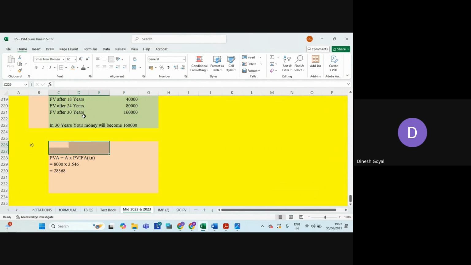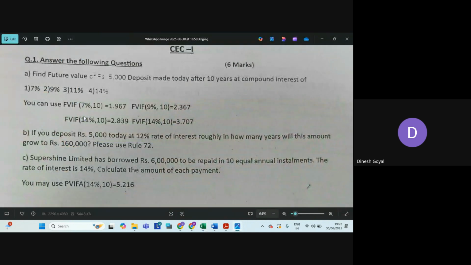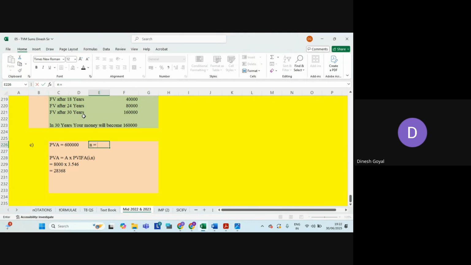So what they have given in the question is the present value, 6 lakh, right? Then N, they have given 10 years, and I is 14%, so 0.14.